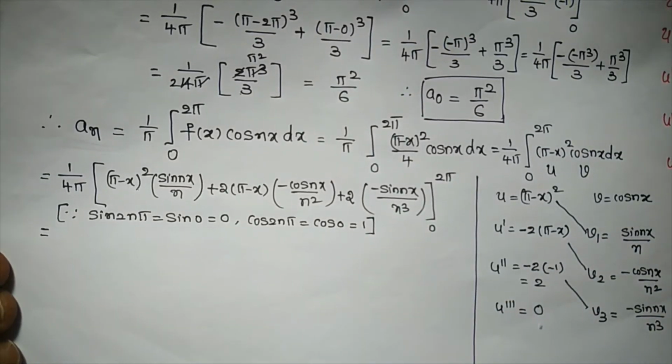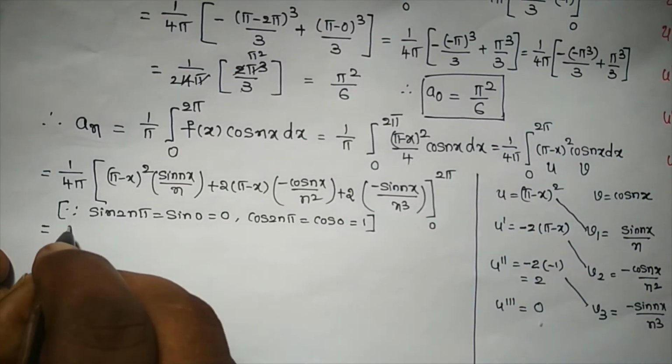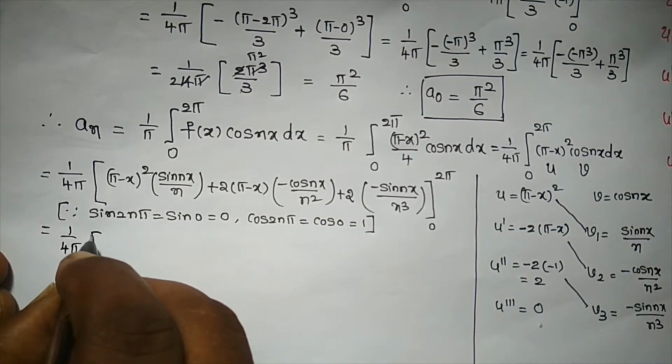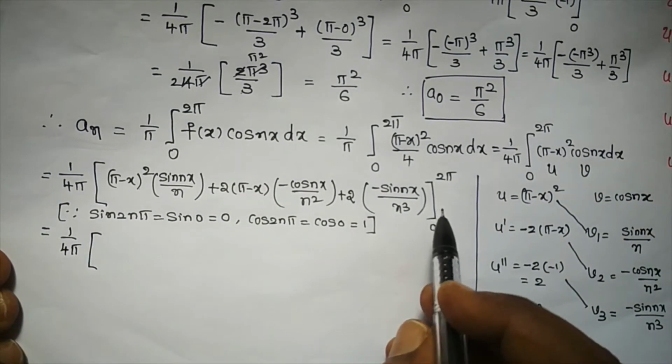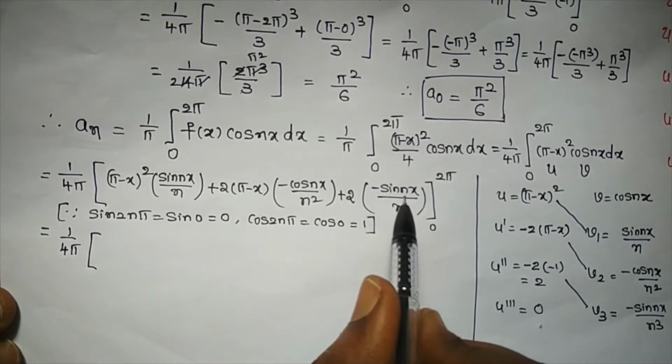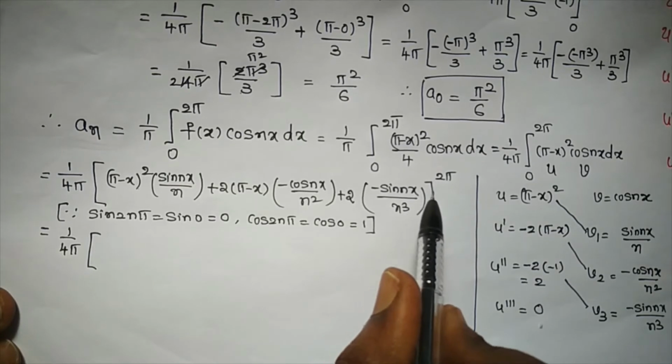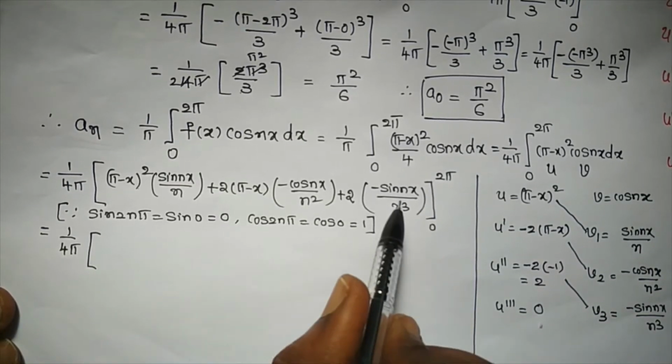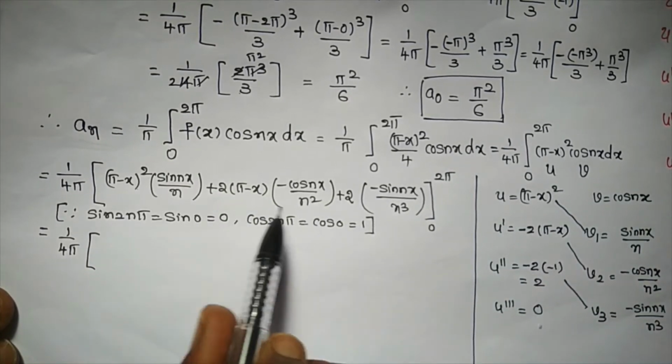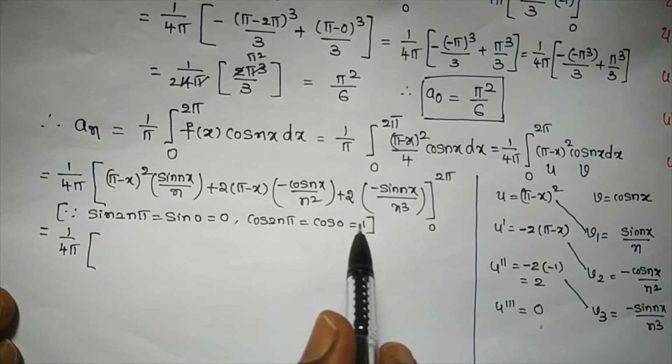I can replace these two formulas. So 1 by 4 pi into, I can remove the sin terms, because sin 2n pi at the first limit and sin 0 at the second limit, both values are zero. Then I neglect the sin terms.